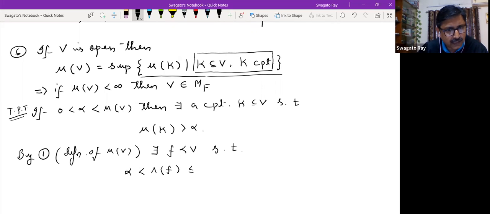Such that lambda F is bigger than alpha. You agree up to that, right? Because measure of V is the supremum of lambda F. But just in the previous step, I have proved that this lambda F is always less than or equal to the measure of the support of it. Let me write support. And the support of F is compact. Call this mu K, where K is the support of F.